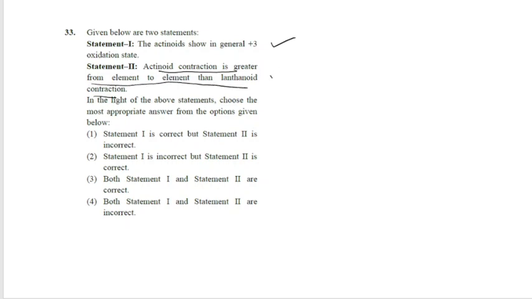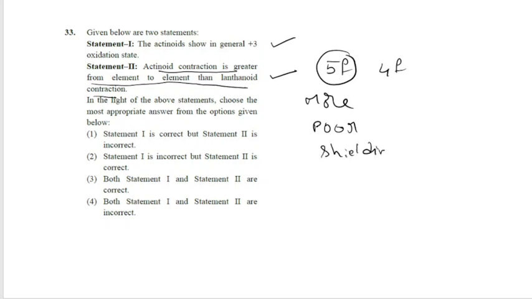It is also true. In fact, if we consider the 5f electrons and 4f electrons, 5f electrons have a more poor shielding effect. Because of the poor shielding effect, we know the contraction takes place, and that poor shielding effect is more in case of actinoids due to the 5f electrons when compared with the 4f electrons.